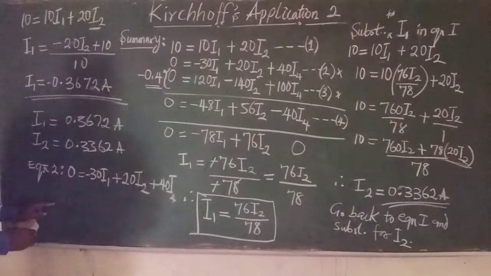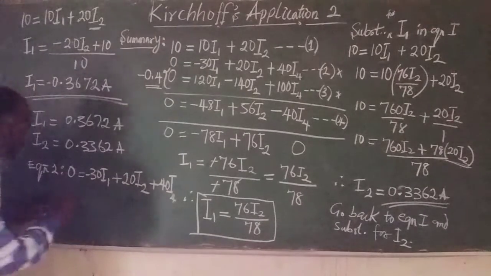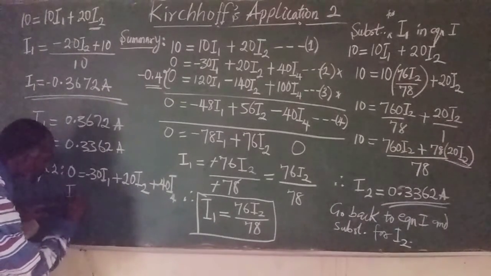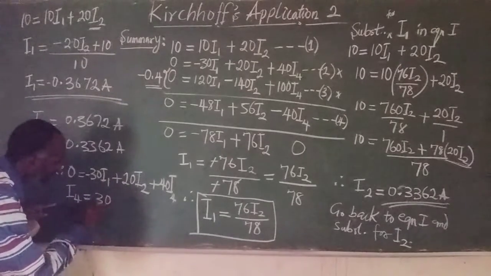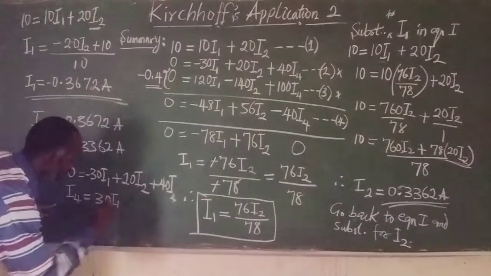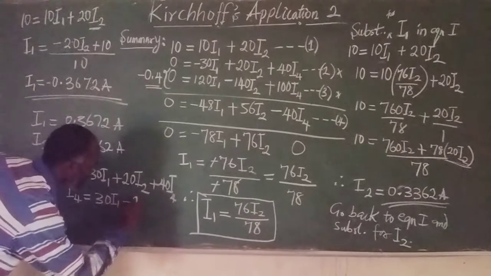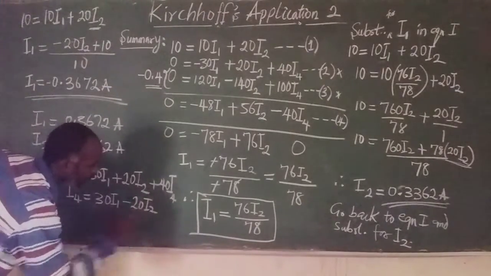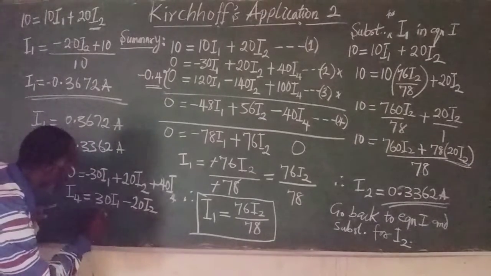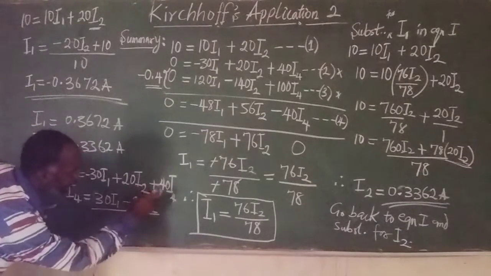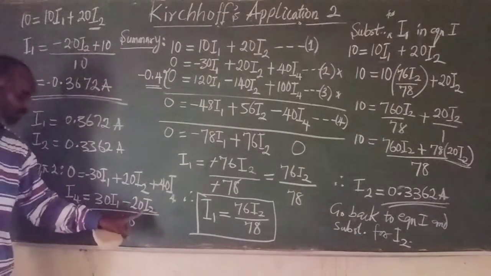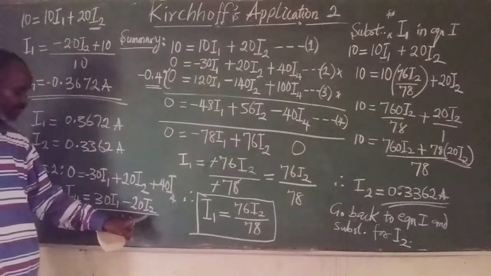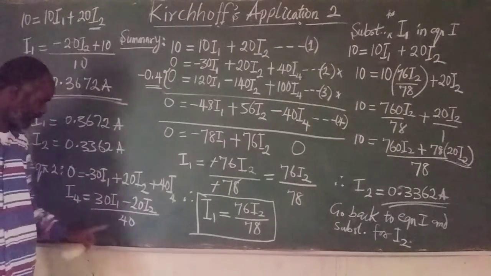So if we make I4 the subject, I4 is equal to 30I1 minus 20I2, all over 40. Now it's time for us to substitute the values of I1 and I2 for us to arrive at current 4.